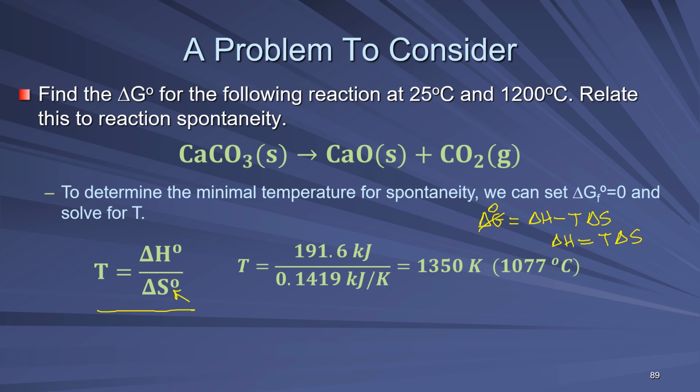So if you plug the delta H in and divide by the delta S in terms of kilojoules, we get the temperature in Kelvin where the reaction goes from non-spontaneous, which is greater than 0, to spontaneous, which is less than 0. So at 1077 degrees Celsius, this reaction changes from non-spontaneous to spontaneous. So just something to consider.